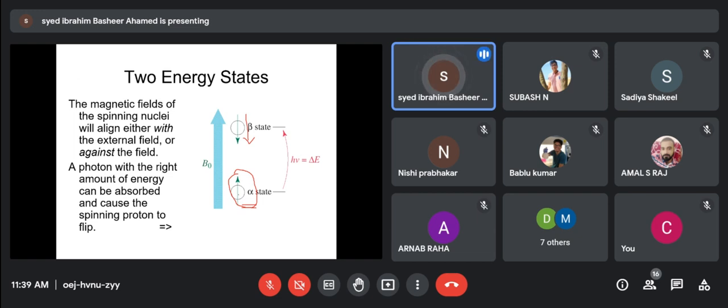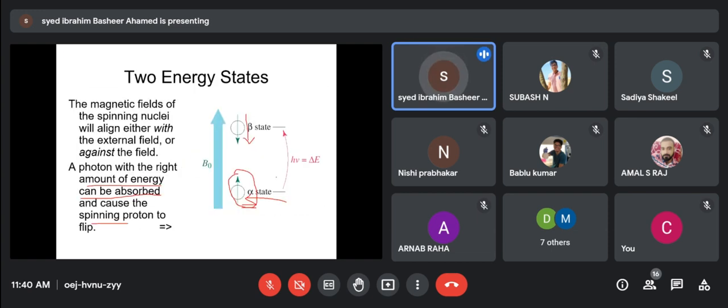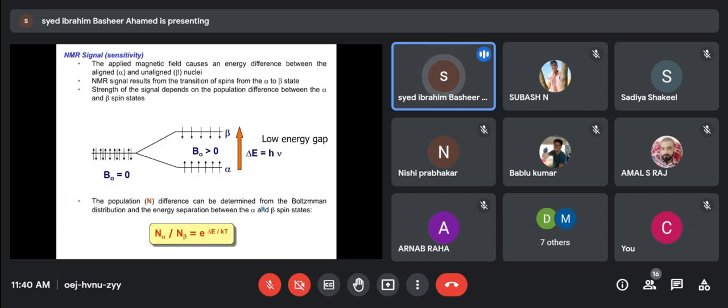So for that you need to apply some energy. The right amount of energy can be given to make the spinning of the proton flip. Only these things will cause the NMR spectra.